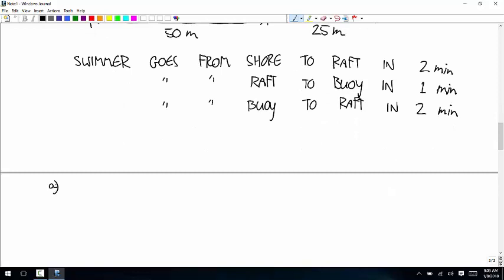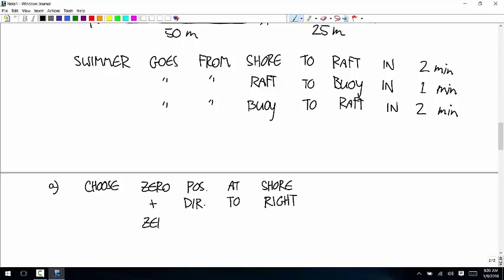So first, let's choose the 0 position at the shore, the positive direction to the right, out towards the buoy, and then the 0 time when the swimmer starts swimming.